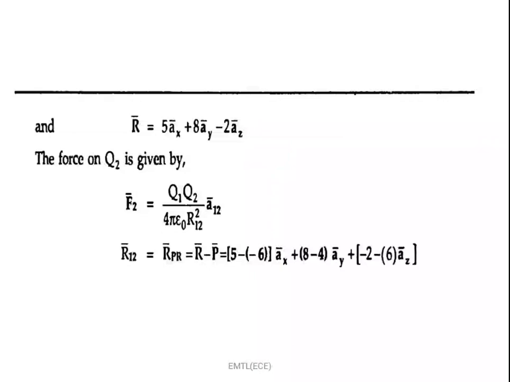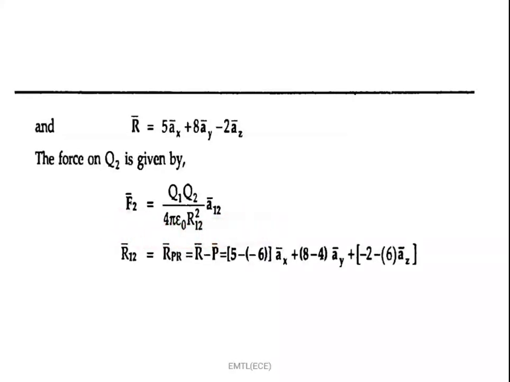Now in the problem, we have to determine the force on Q2 by Q1. We already know the expression for force by using Coulomb's law is F2 bar is equal to Q1 Q2 by 4 pi epsilon naught R square 12 A12 bar.